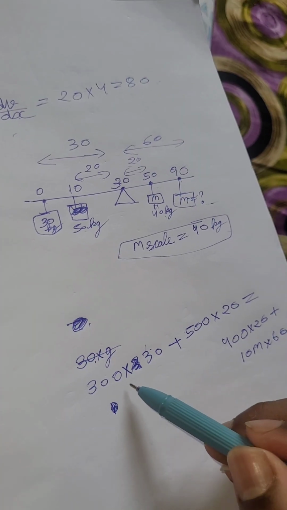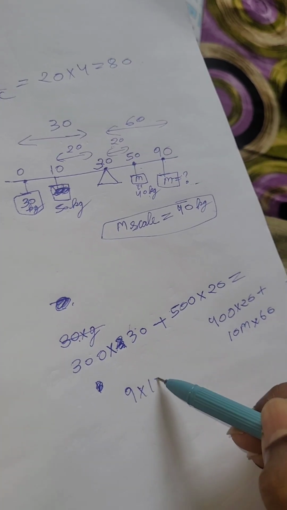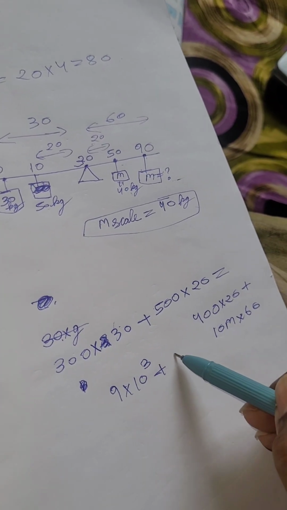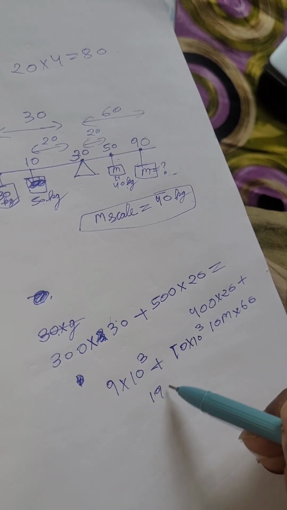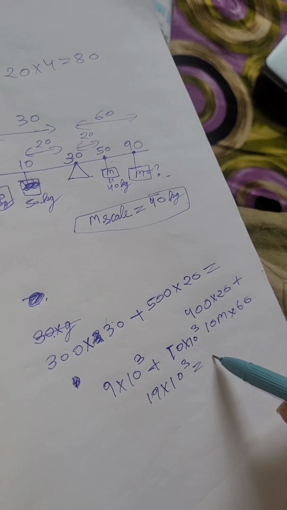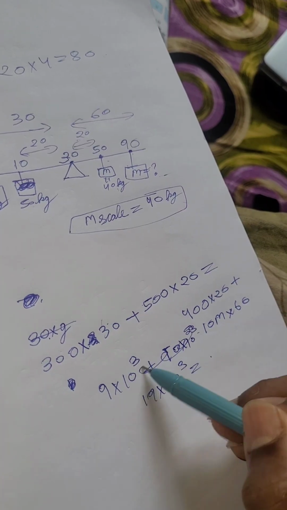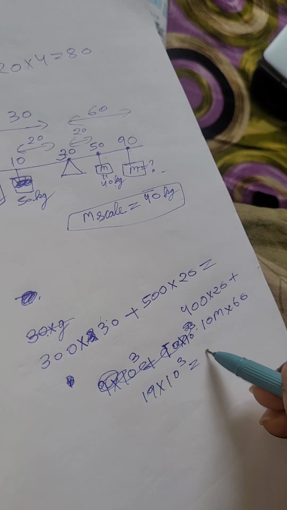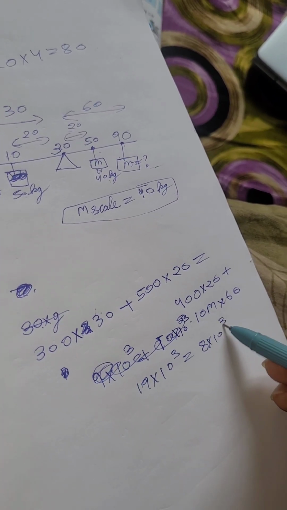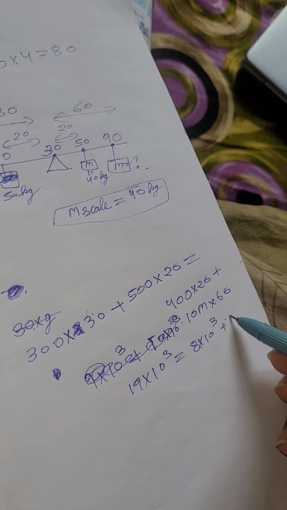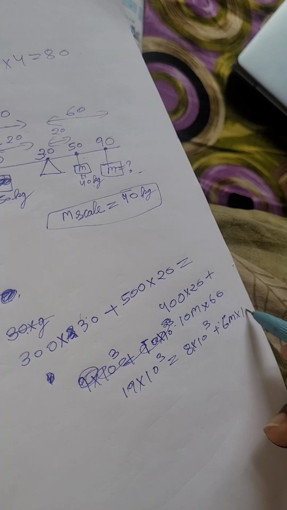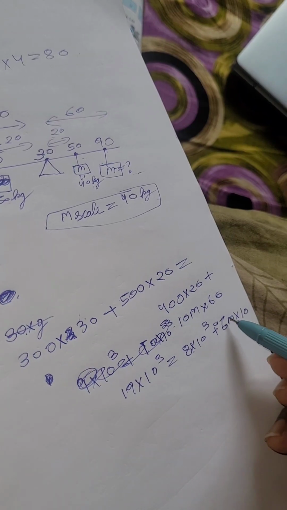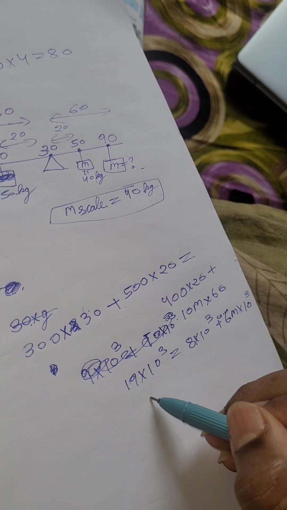Okay, so this is 19 into 10 to the power 3. It's 8 into 10 to the power 3 plus 6m into 10 to the power 3.